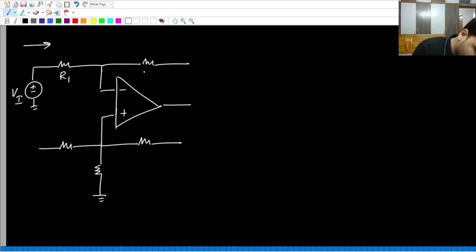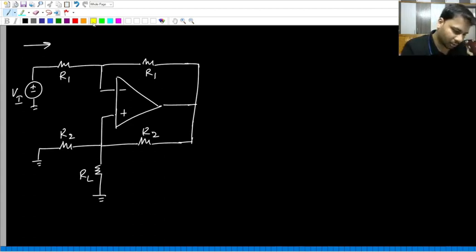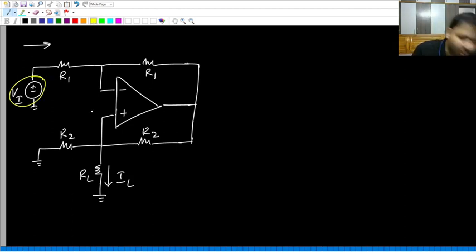This is R1, this is also R1, this is R2, this is also R2, but this is the load resistance. This is ground. The current through the load resistance, we will call it the load current. So what is the input source driving this circuit? There is the input source Vi.